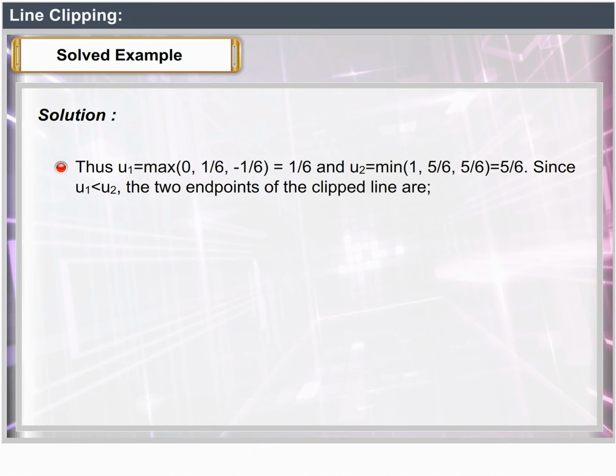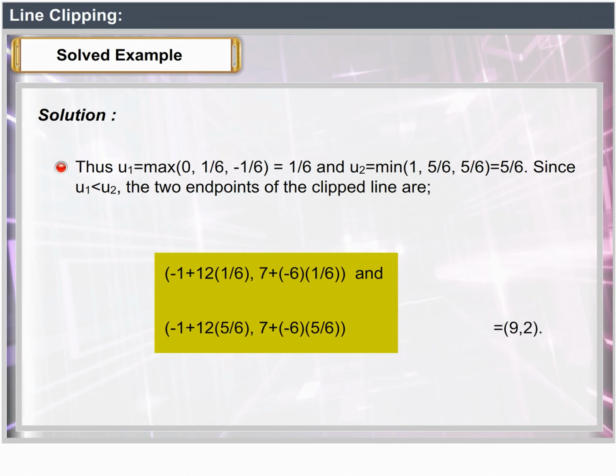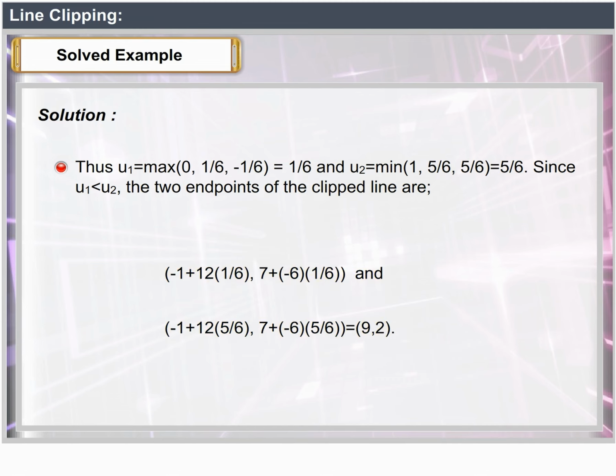Since U1 is less than U2, the two endpoints of the clipped line are (-1 + 12 × 1/6, 7 + (-6) × 1/6) and (-1 + 12 × 5/6, 7 + (-6) × 5/6), which equals (9, 2).